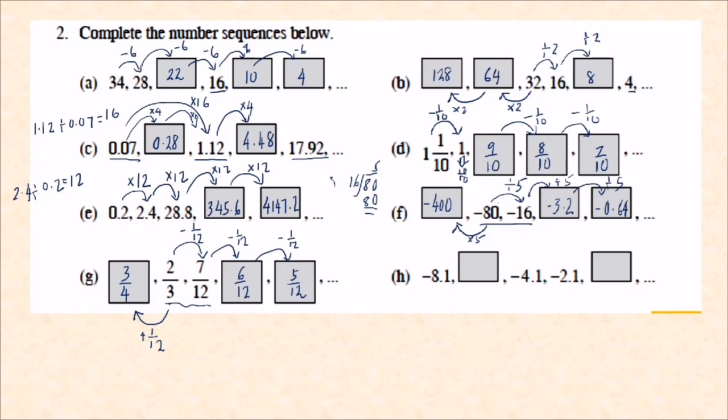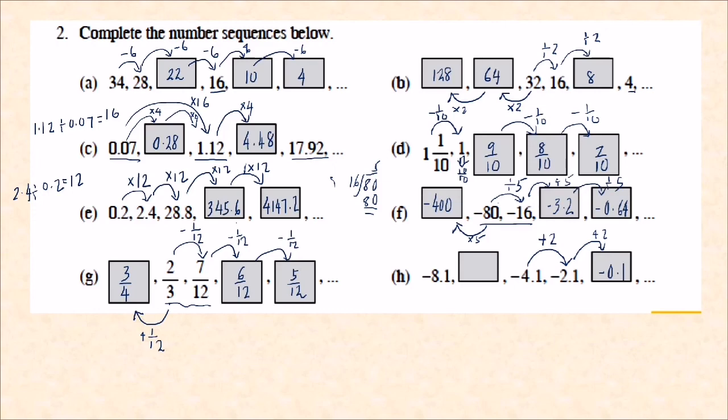So it means that from negative 4.1 to negative 2.1 is actually plus 2. So negative 2.1 plus 2 equals negative 0.1.